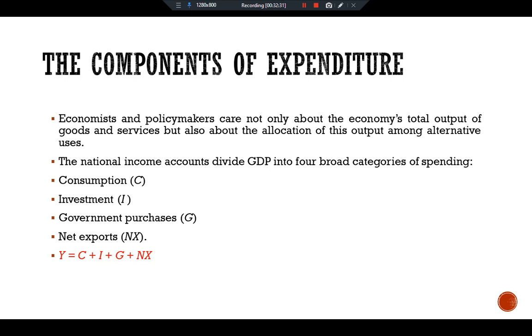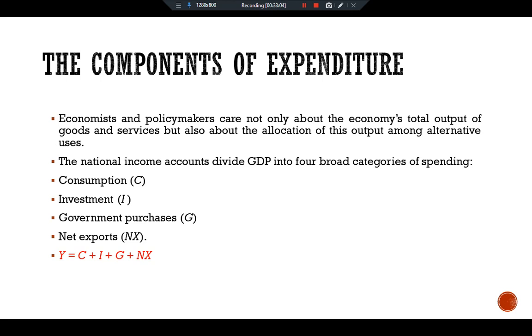So net exports are positive when the value of our exports is greater than the value of our imports, and negative when the value of imports is greater than the value of our exports. So net exports represent the net expenditure from abroad on our goods and services, which provides income for domestic producers.